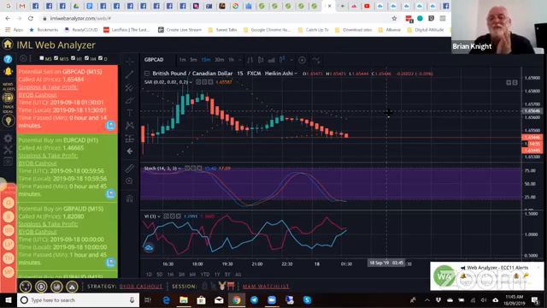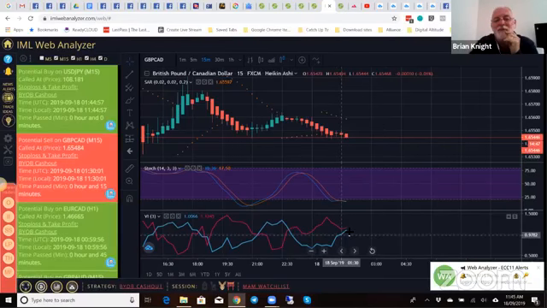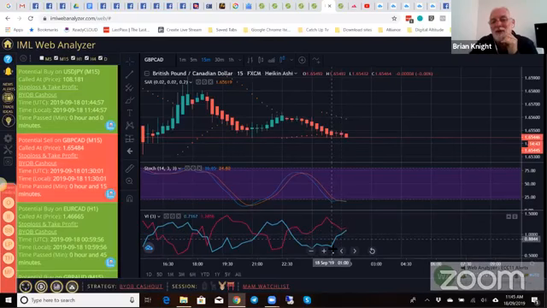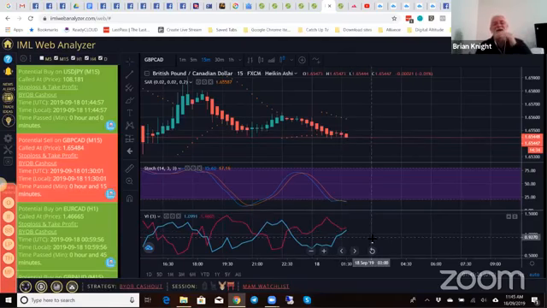I'm not sure at this point. But can you see the British pound becoming stronger and the Canadian, they're becoming closer together here? Unless this British pound turns and goes down, and then the Canadian, the red line, starts going up harder, I think we're still going to sell on it.